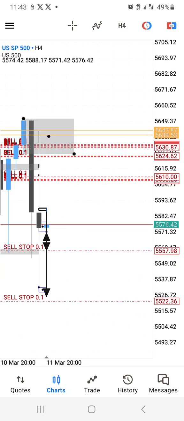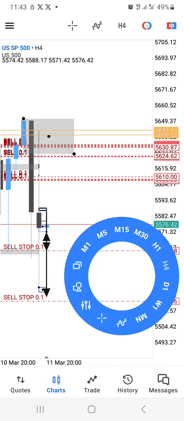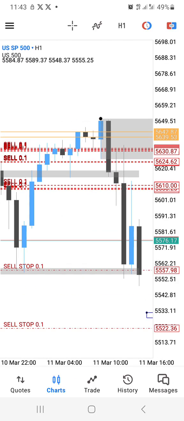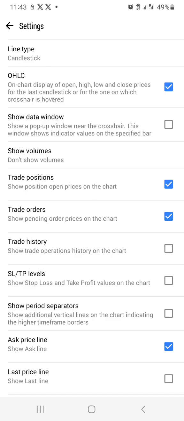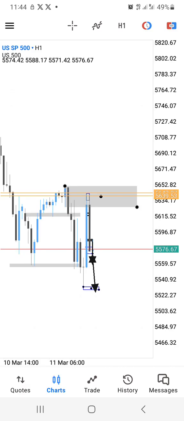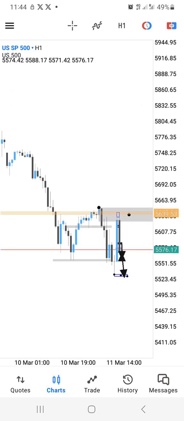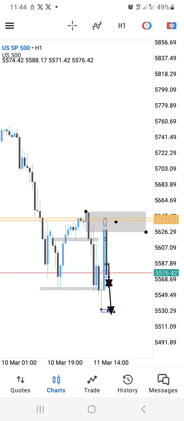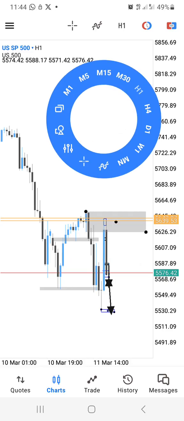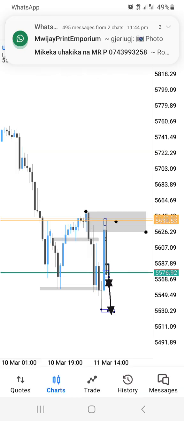What I did, I went to the H1. When you come to H1, let me do it like this and then you understand everything. Let me hide the positions. When you come here to the H1, you can see that the market moved very well like this.